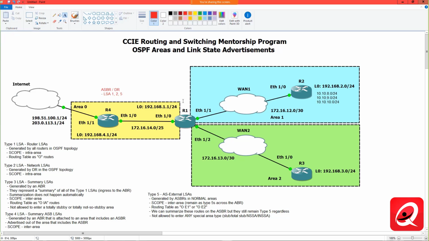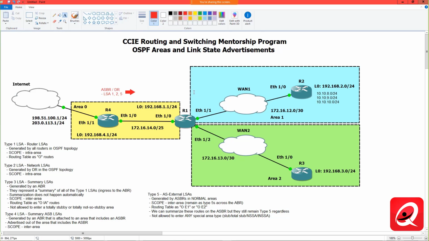This router here is an ABR. I'm trying to think how I want to put this in here so it's easy to read later on. All right, I think I'll use different colors here to differentiate.